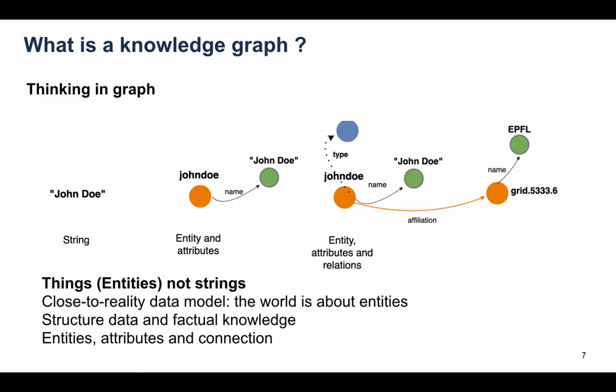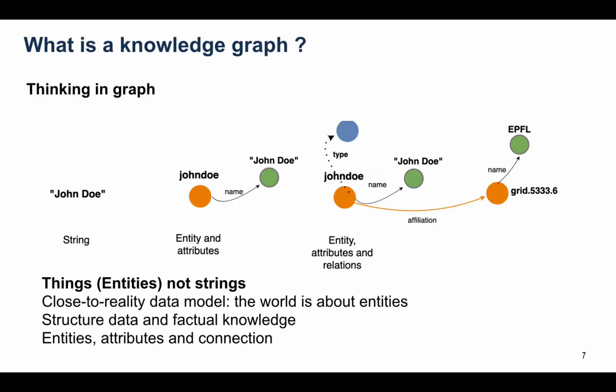Okay. So in a knowledge graph, the domain of application should be divided into entities which are identified, described by attributes, and by relationships with other entities. This is good because it's a data model close to reality. The world is about things, which have quality attributes in relation to other things.